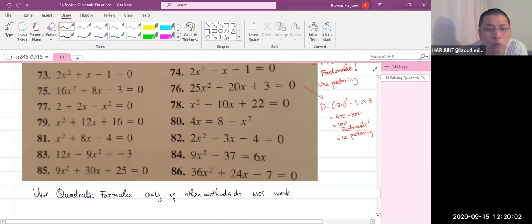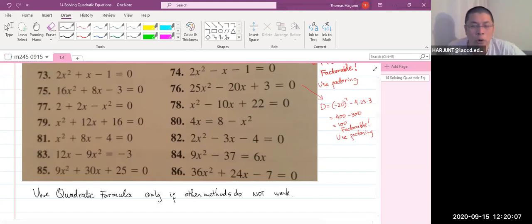You can think of the quadratic formula as a big gun. It's like that's your last choice of weapon to attack a quadratic equation. That's not because it takes too much time for you to use that.